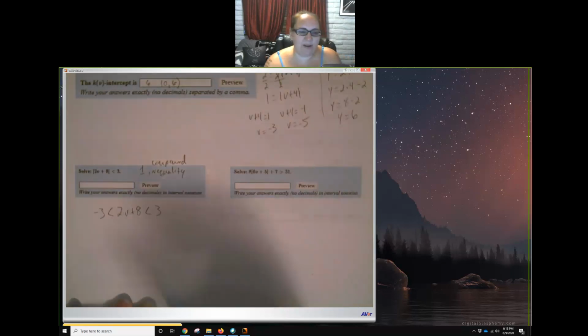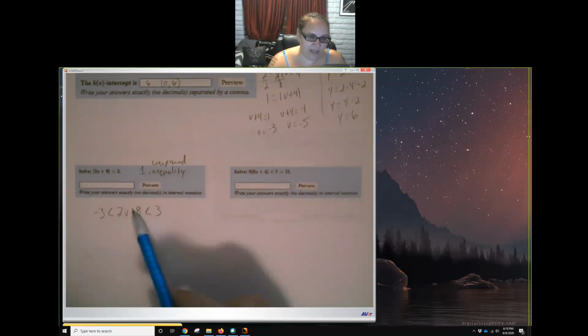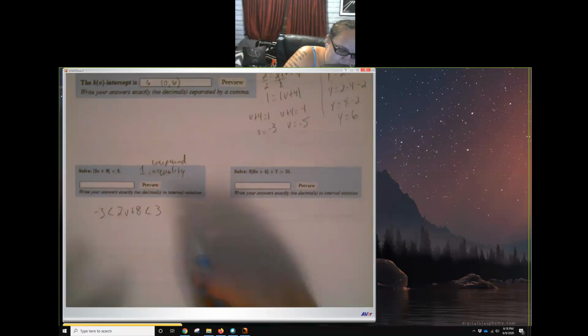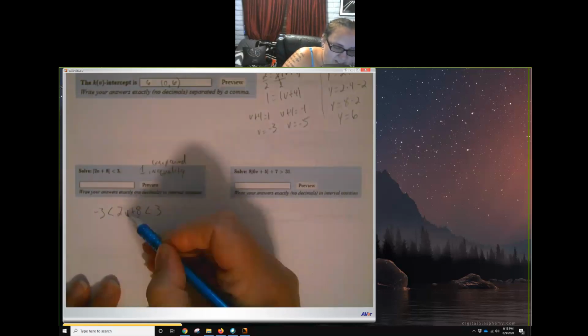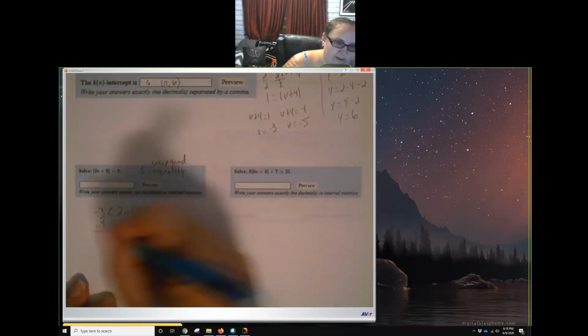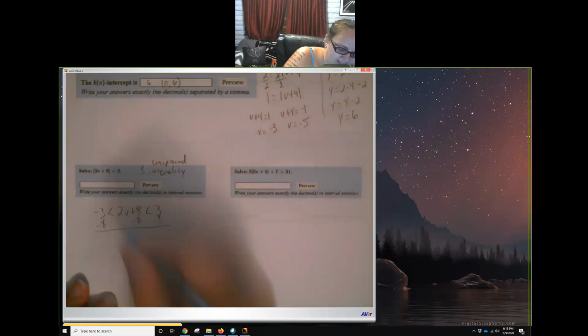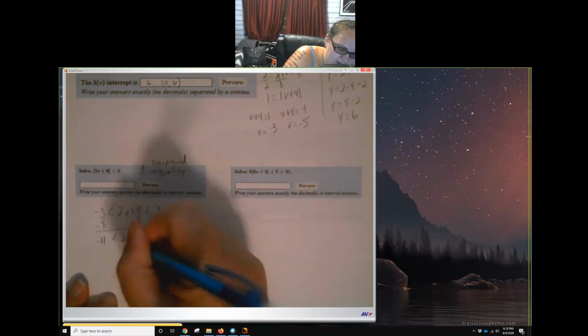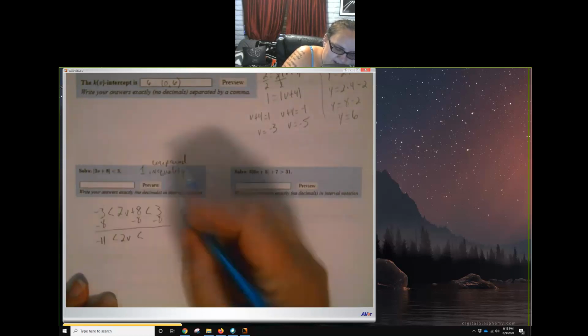And then to solve a compound inequality, whatever you do to isolate the variable in the middle, you do to both the left and the right. So for example, if I'm trying to get the v by itself, I would subtract 8, and I have to do that out here and out here. So then this is negative 11, and this is negative 5.